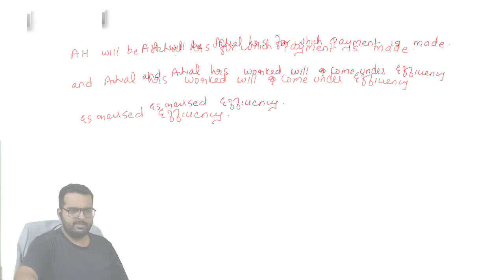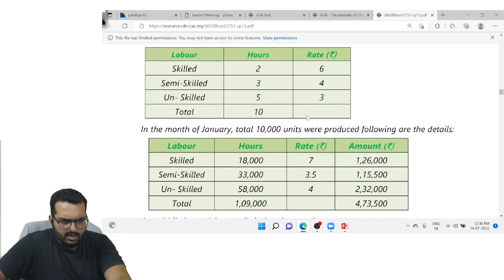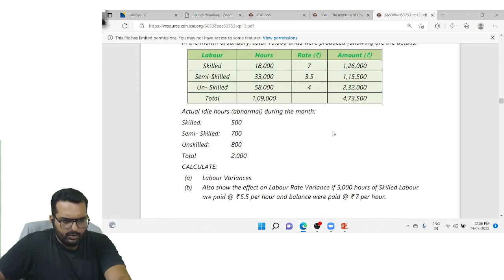Fine, friends. Everybody is done writing this. Now let's go to the next problem, illustration number 7. Take 5 minutes and do this on your own.